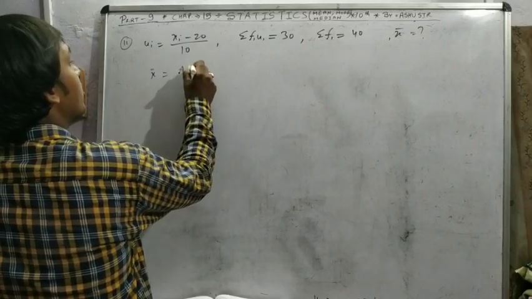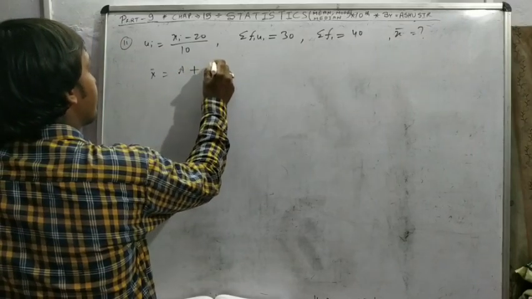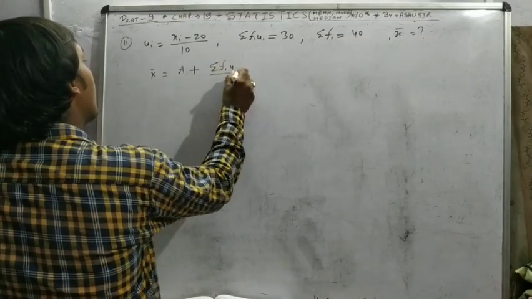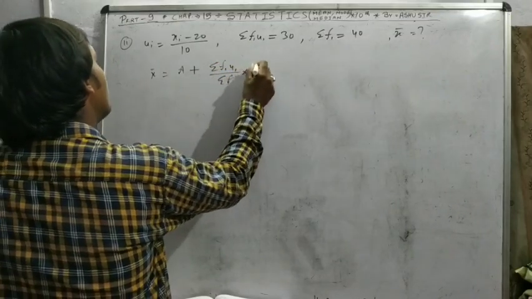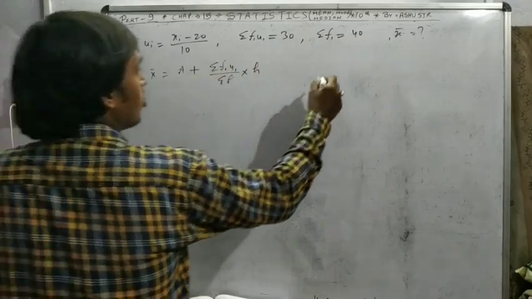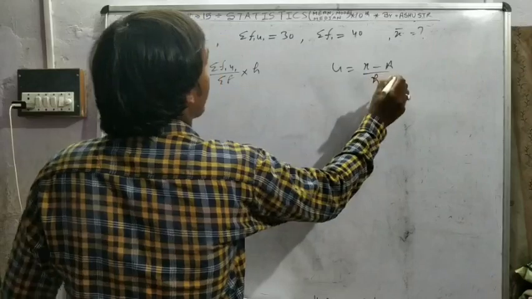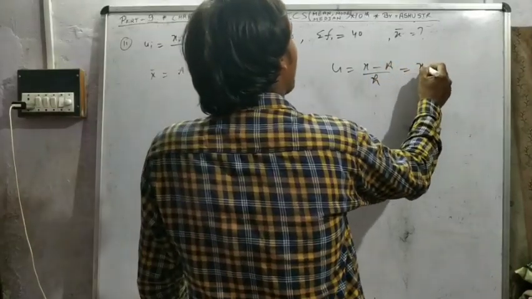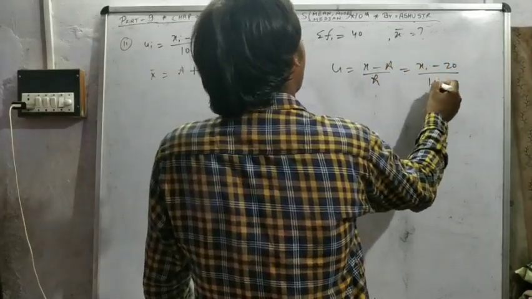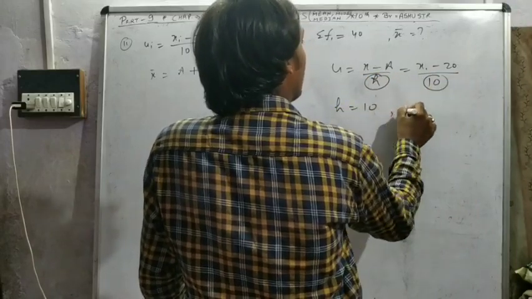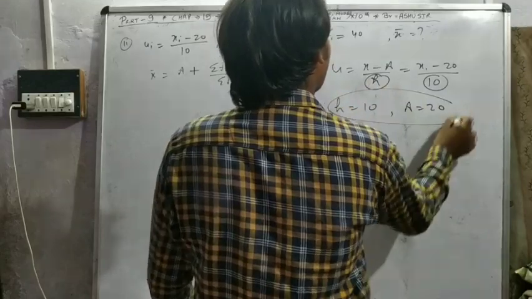So we can use the step deviation formula: a plus sigma fu upon sigma f into h. You know u is equal to x minus a upon h, and that is given as x minus 20 upon 10. So h is equal to 10, a is equal to 20.